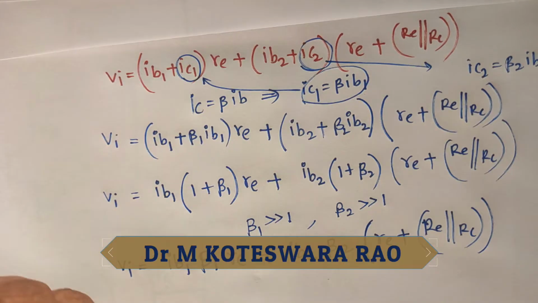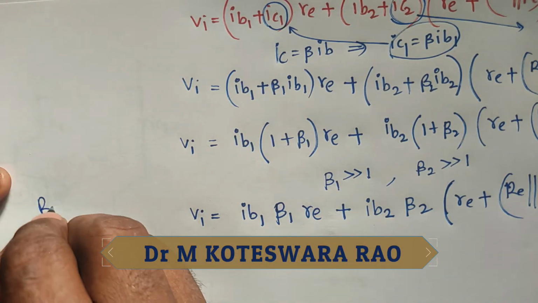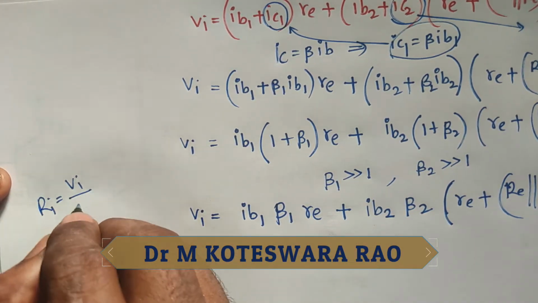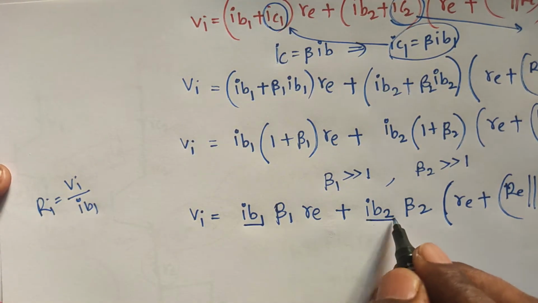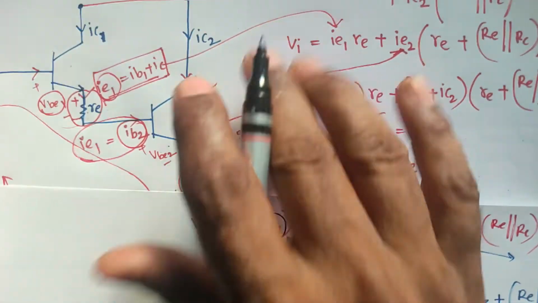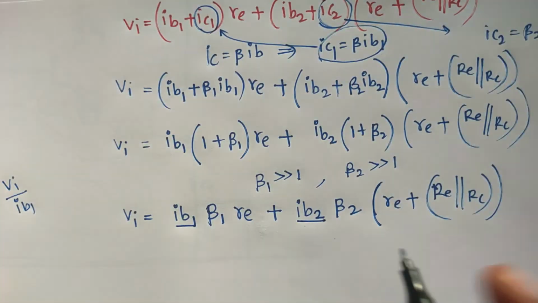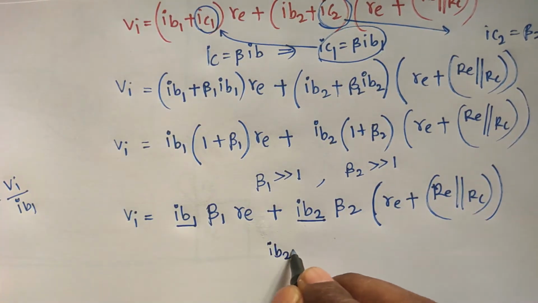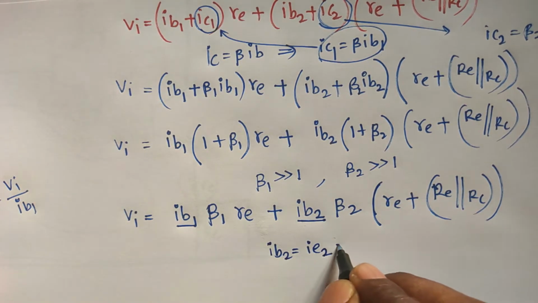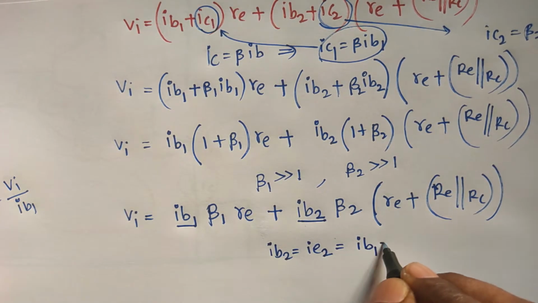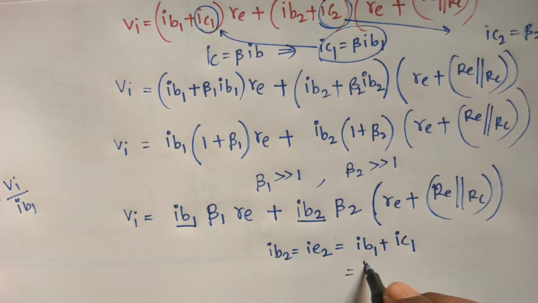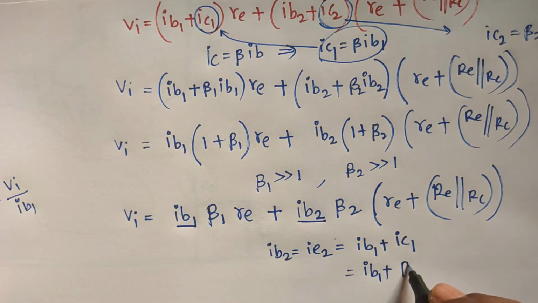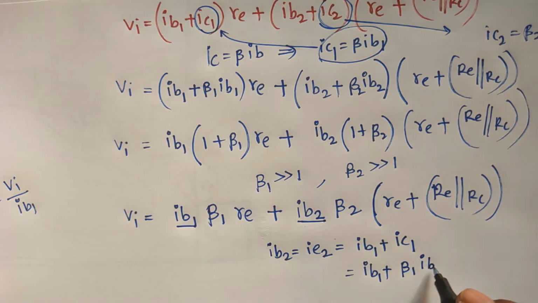In this function, we have to calculate input impedance RI is equal to VI by IB1. But here this is a known and this one is an unknown value. You have to convert it into IB2. IB2 is equal to IE2. Here IB2 is equal to IE2. IE2 is equal to IB1 plus IC1. Simply IB1 plus IC1 is equal to beta 1 into IB1.